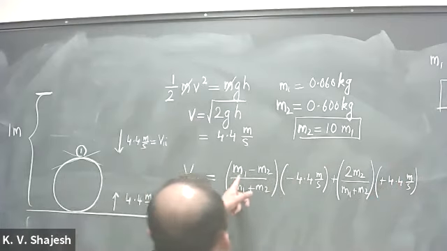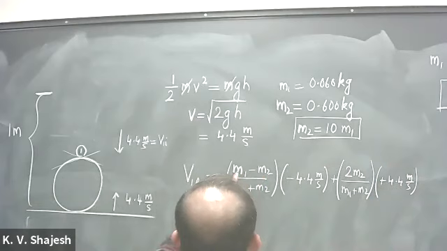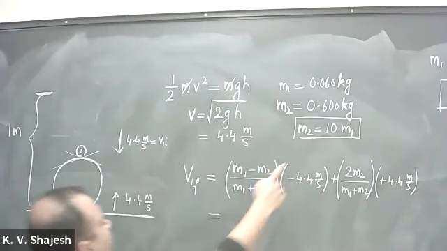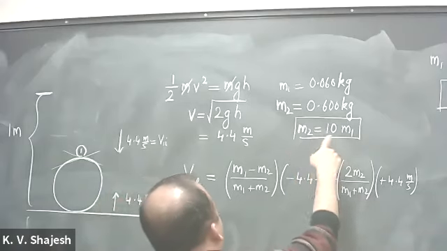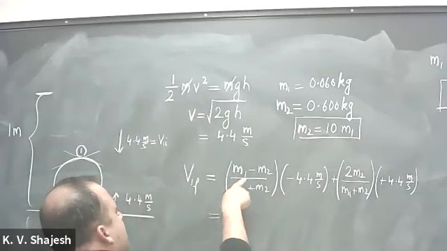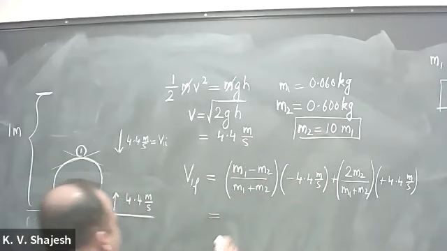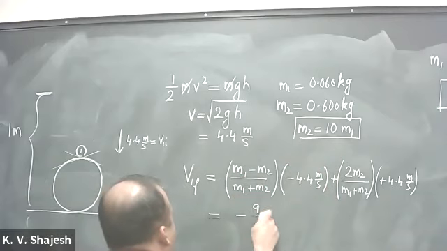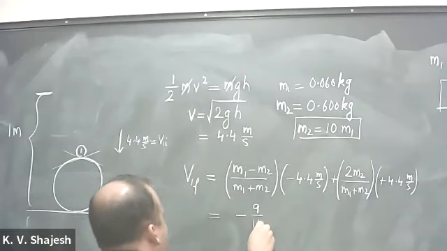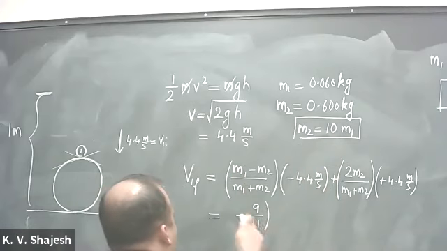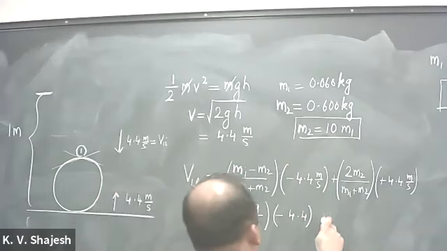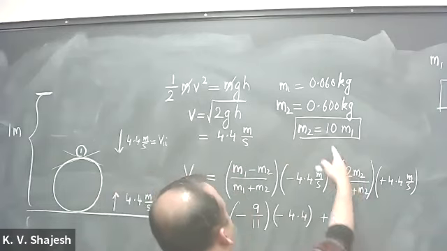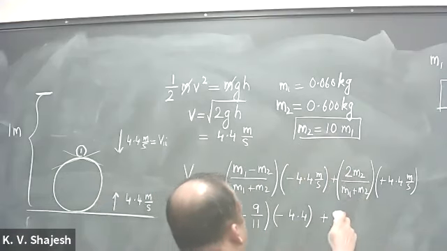That's equal to m1 minus m2. We said m2 is 10 times m1, so I can replace this. So that's 1 minus 10, so that's minus 9 over 11. Right? m1 plus m2 will be 11. And m1 cancels out. And that's minus 4.4, plus this is 2 times m2, which is 20, divided by 11.